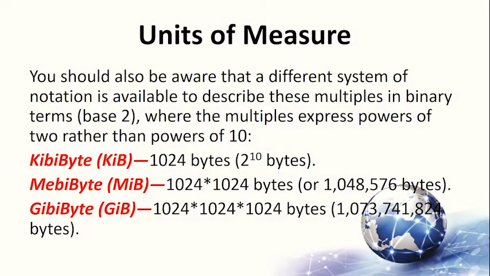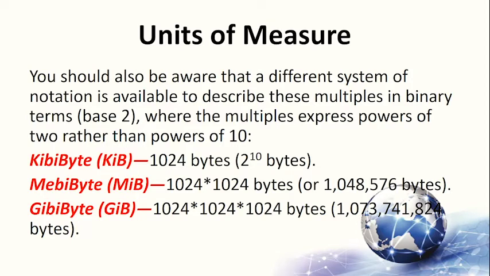You should also be aware that a different system of notation is available to describe these multiple binary terms, where the multiples express powers of 2 rather than powers of 10. For example, the KiB is 1024 bytes, so 2 to the power of 10.